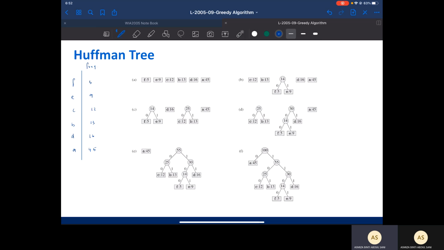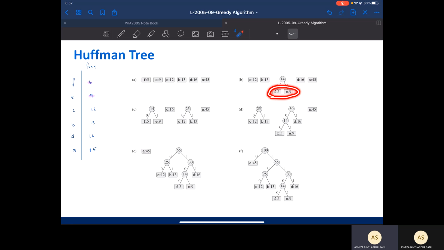All right. So how do you construct the Huffman tree? First you find the smallest frequencies, and then you add them up. If you look here, the smallest frequencies are 5 and 9. So we are going to construct our tree as F, which is 5, and E, which is 9.